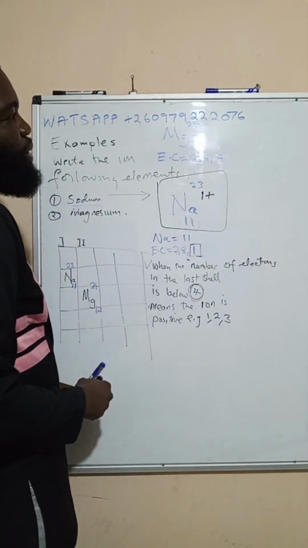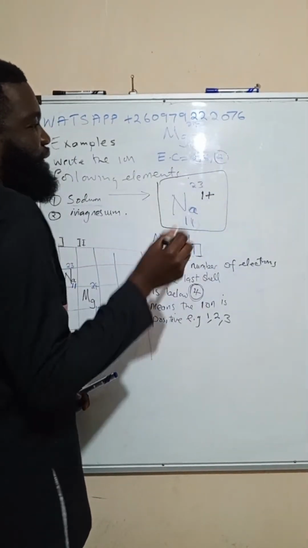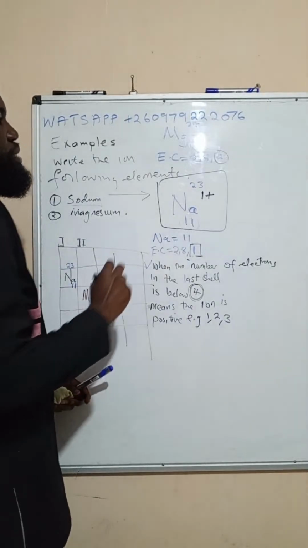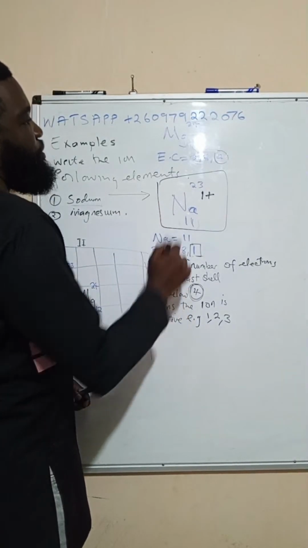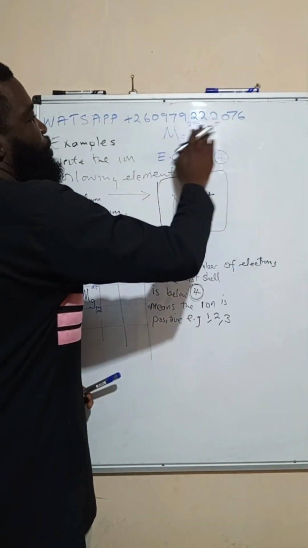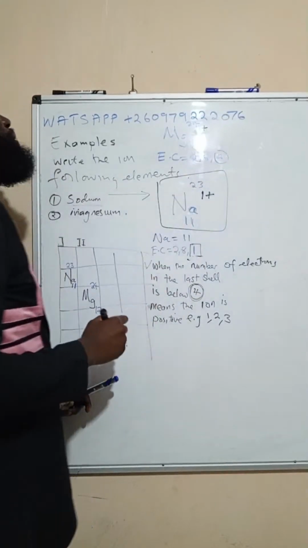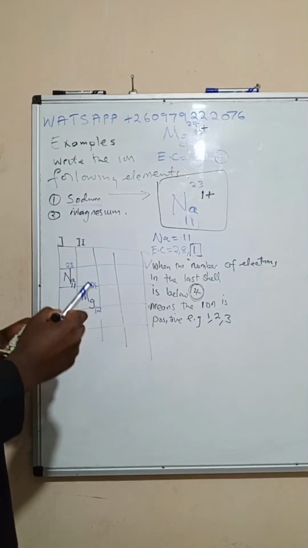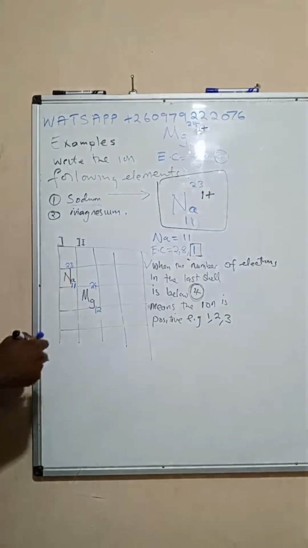The last number is 2. Is it below 4? Yes. So anything below 4 will carry a positive charge. Then you just write it the way it is with a positive sign. You also write it as a power in front, like that. This is the first rule.